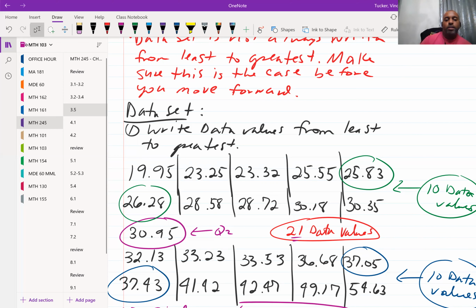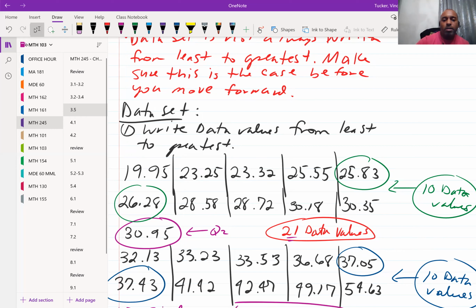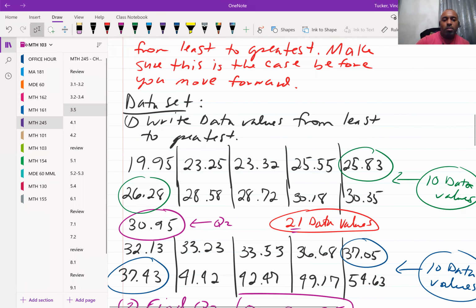Then I have 30.95, 32.13, 33.23, 33.53, 36.68, 37.05, 37.43, 41.42, 42.47, 49.15, 54.63. So I did a little color coding as well. You'll see in a second how they match up. But those are my data values, 21 data values altogether.